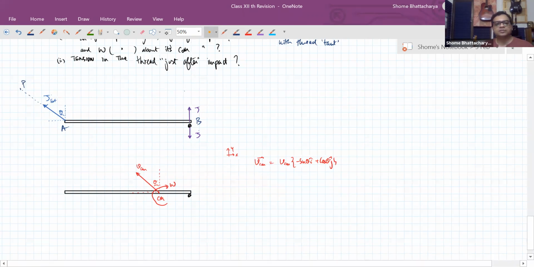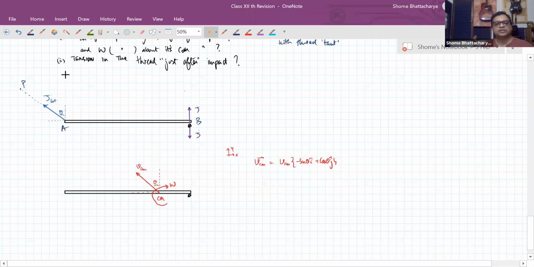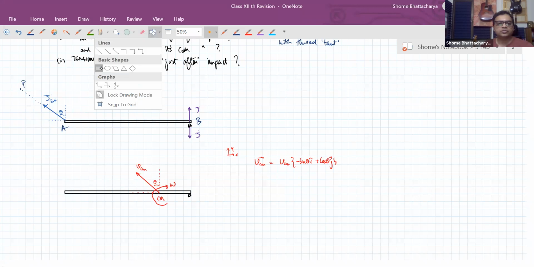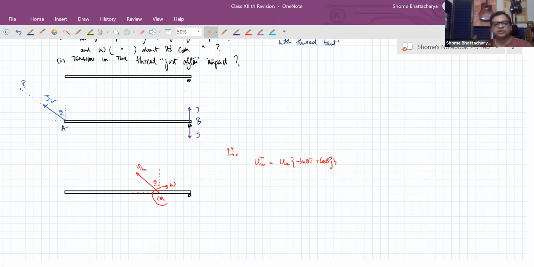If you look at the system at the moment just before impact, just for your reference, my system was like this. The only thing I can conserve is the angular momentum about the point A or any point on the line PA for the whole system, that is the particle plus the rod as a system. Just before impact, the particle had a velocity V0 like this and the rod was at rest.